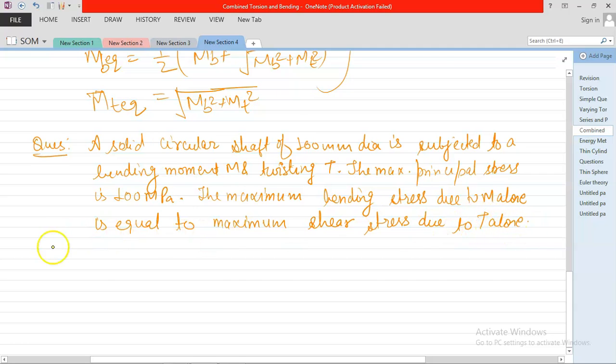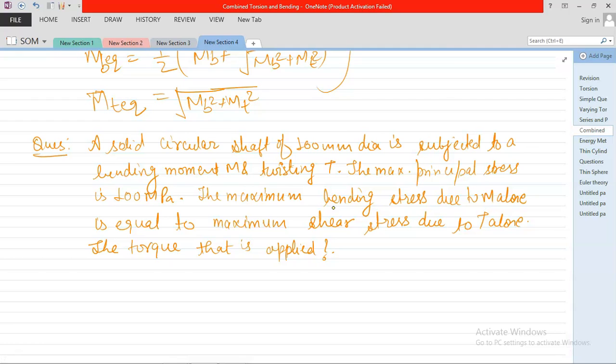And you need to find T, the torque that is applied. So please solve it. Think about it, how we can solve this.